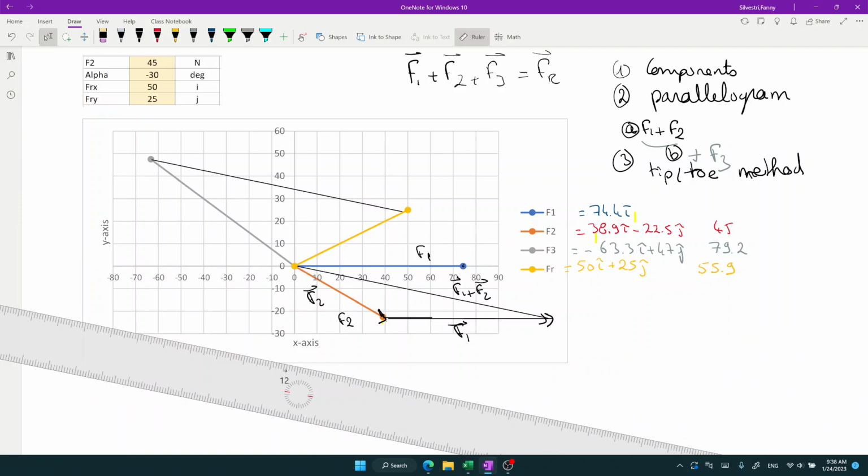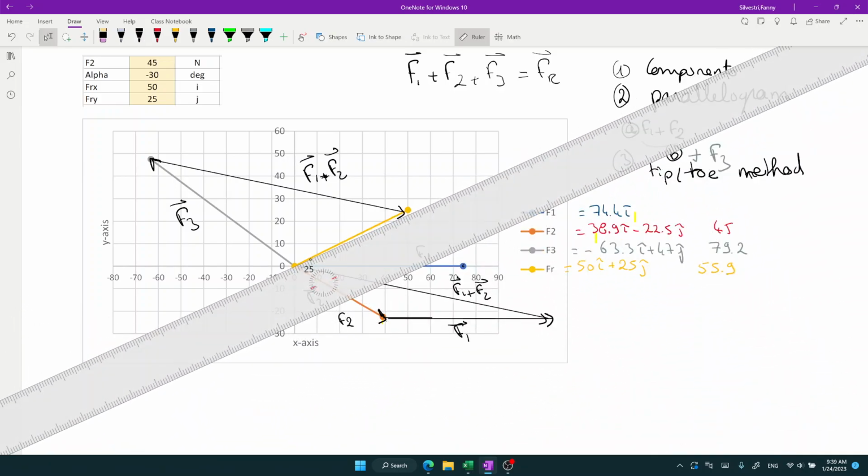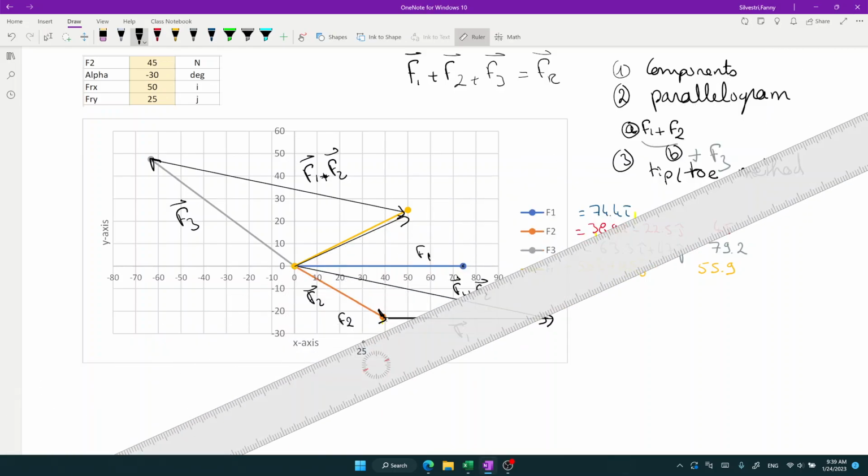This is the vector f1 plus f2 that I scoot, like slide, at the end of the vector f3. So the tip of f3, toes of F1 plus F2, this is my vector FR. Again, super close. This is my vector FR that I should have found.